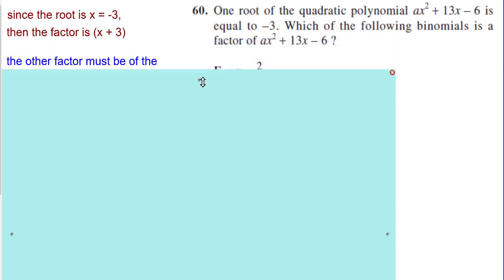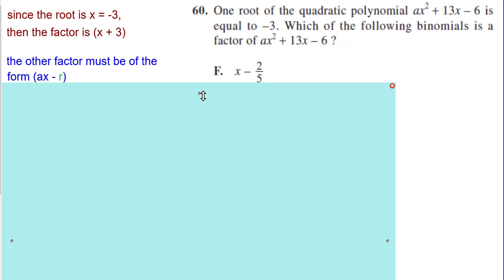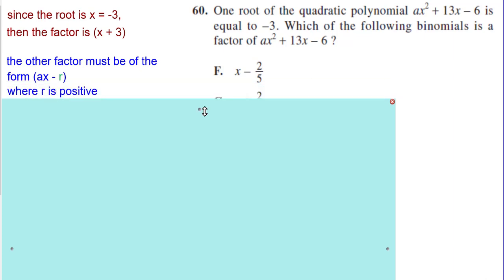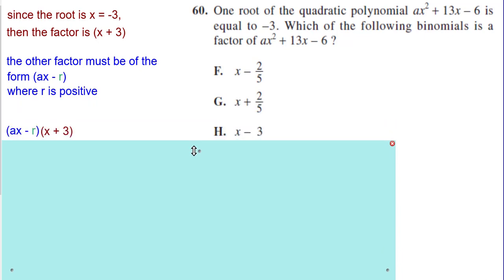The other factor must be of the form the quantity of a times x minus r, where r is positive. Hopefully you would agree with that, because we need to get ax squared in the first term. So our factors are going to be the quantity of ax minus r times the quantity of x plus 3.